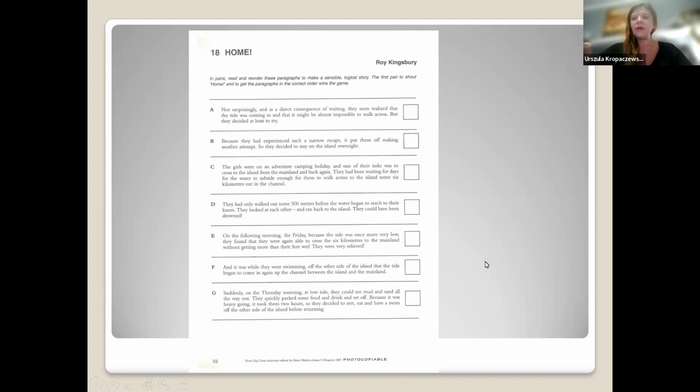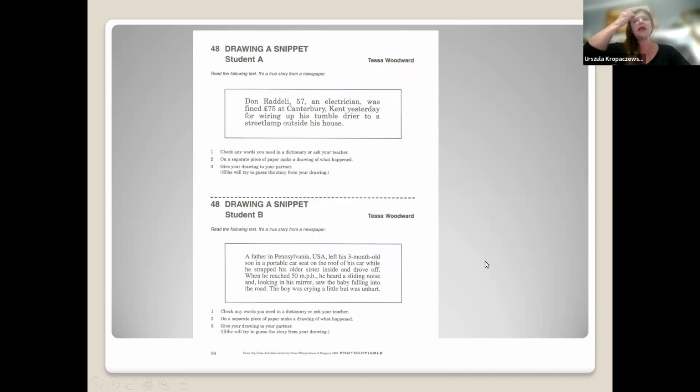Okay, moment, we are here. Some other activities. Here you have the typical A-B activity. Person A doesn't see the text of person B, but it's a very nice thing, because student A is to read and explain the text, and student B is drawing it.